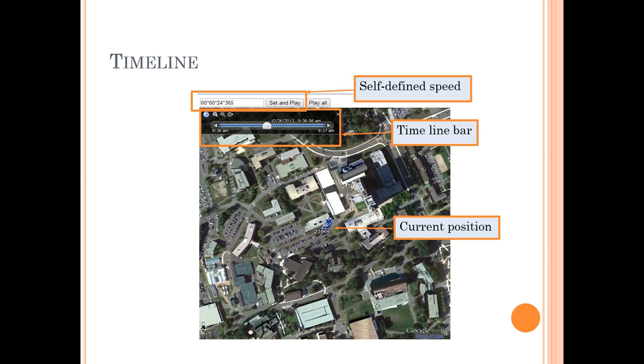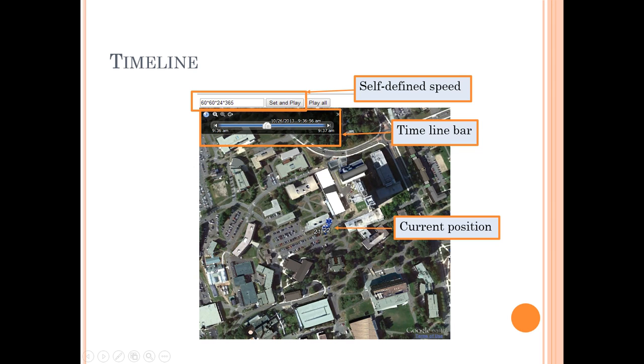Now let's take a look at the timeline part. In the timeline part, first of all, you would notice that there is a text box and two buttons. The text box enables the user to input the self-defined speed, and each number in the text box represents the reality seconds with respect to 1 second in the Google Earth.